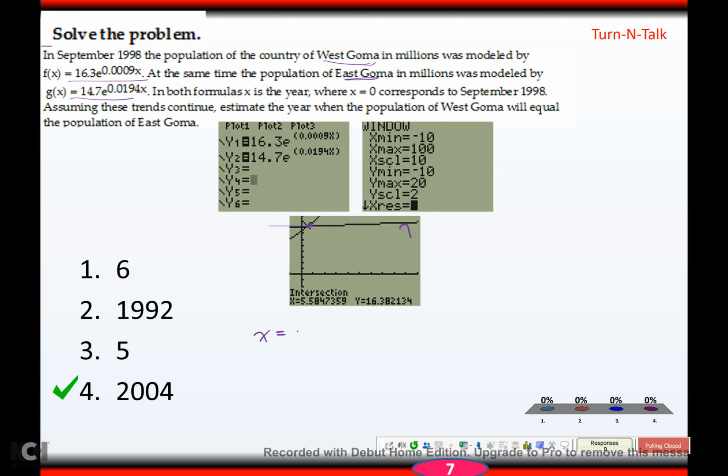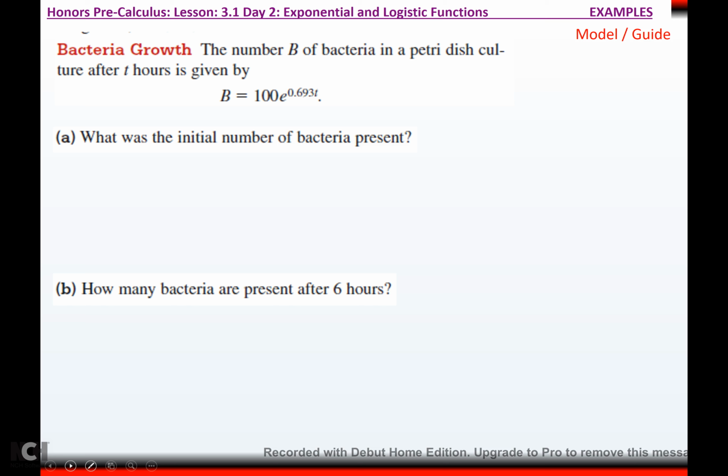So when x was 5.6, y would be 16.4 million people. Okay, that means in approximately, if I round, 6 years. Well, we started this in 1998. Add 6 years to that, you get 2004. Okay? All right.